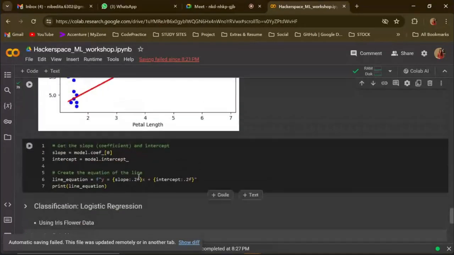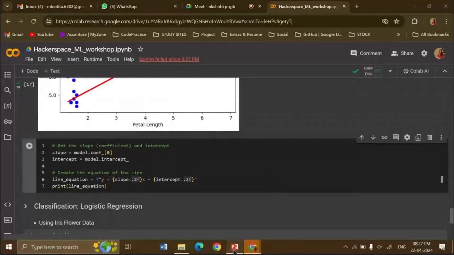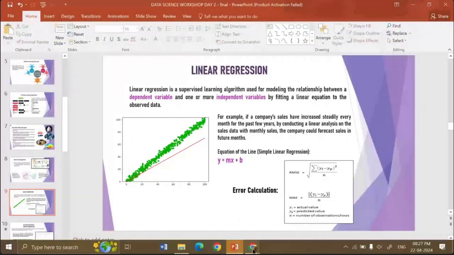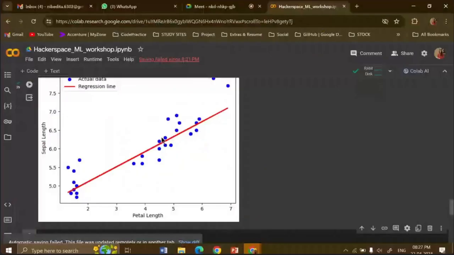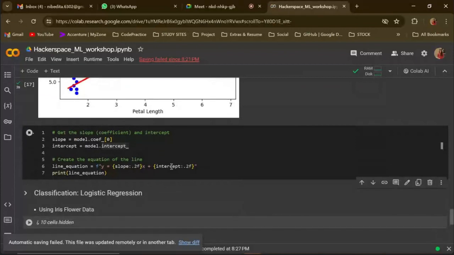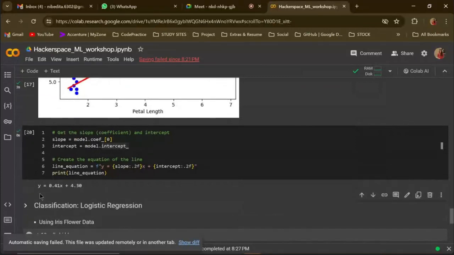Now let's see the equation of the line. In the slide, we discussed the equation of a line. Can we find out the equation of the line for this line? Let's see. Okay, so here we get the equation: y is equal to 0.41x plus 4.30.